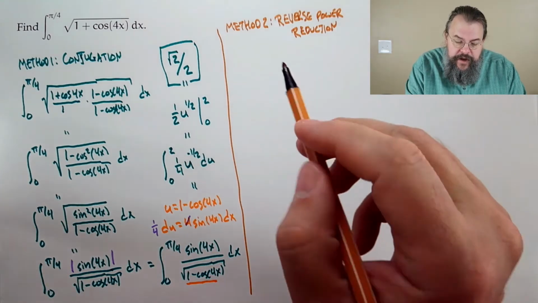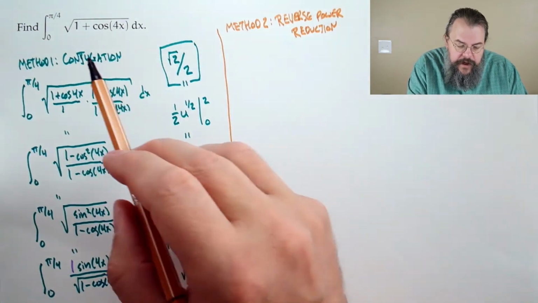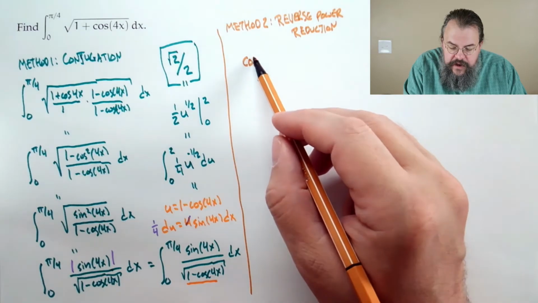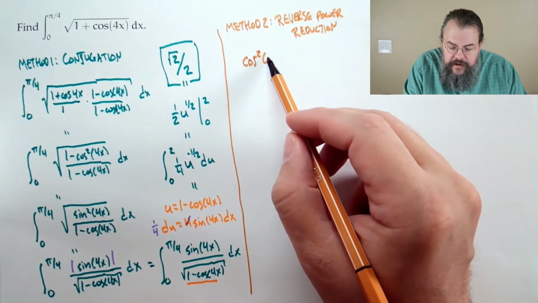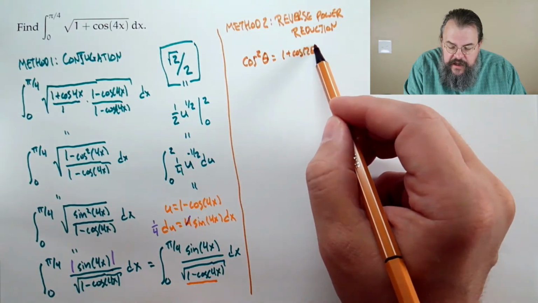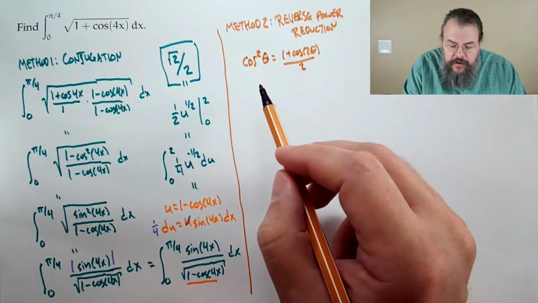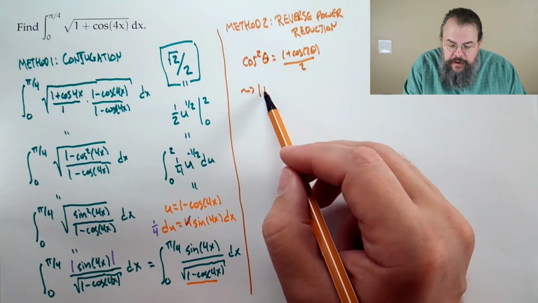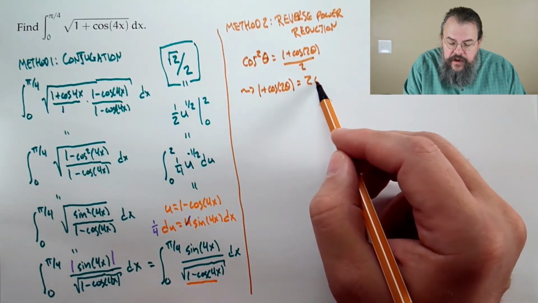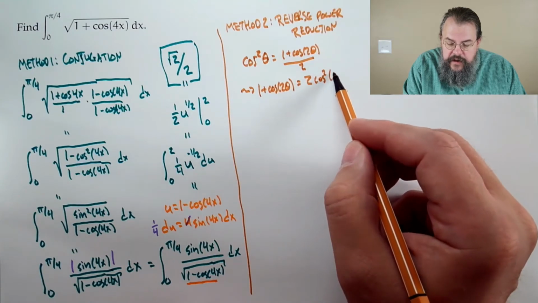Well, if you think about the following, where do you see a 1 plus cosine? You say, oh, if you look at cosine squared of theta, that's 1 plus cosine 2 theta over 2, which tells us that 1 plus cosine 2 theta is really 2 cosine squared of theta.